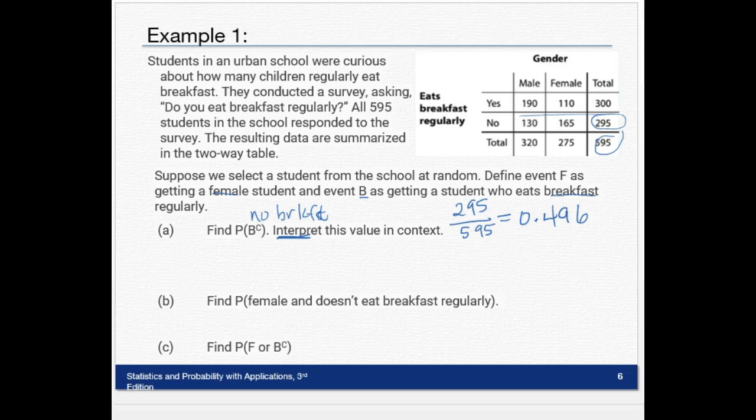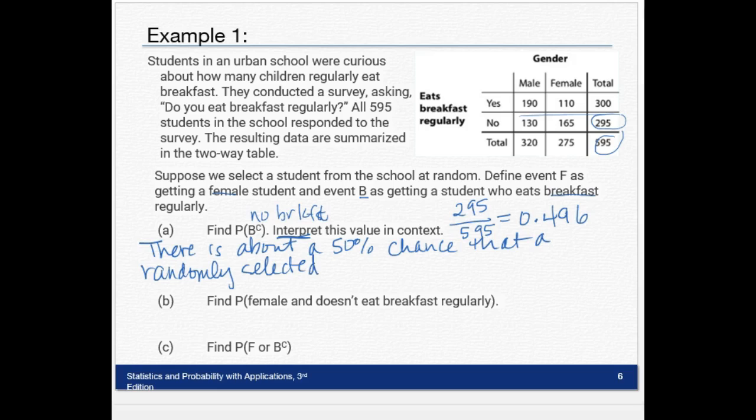Now it says interpret this value in context. So here's how it would look. It says there is about a 50% chance, we made that a percentage, that a randomly selected student from this school does not eat breakfast.